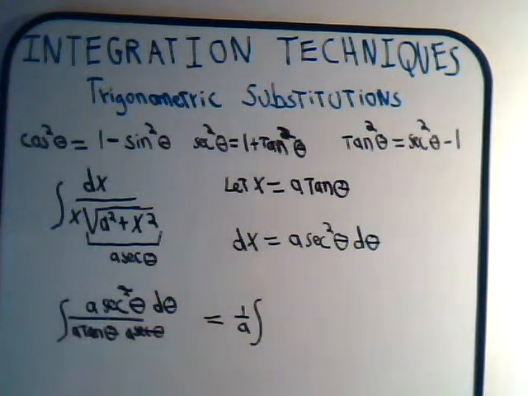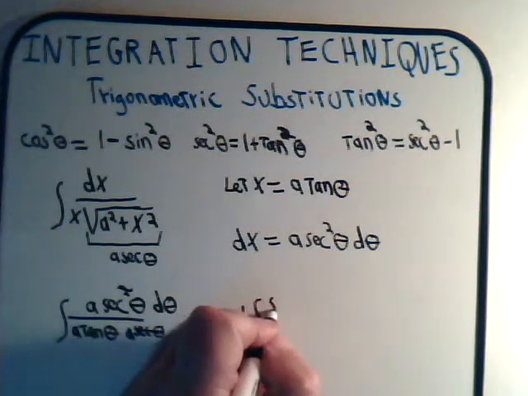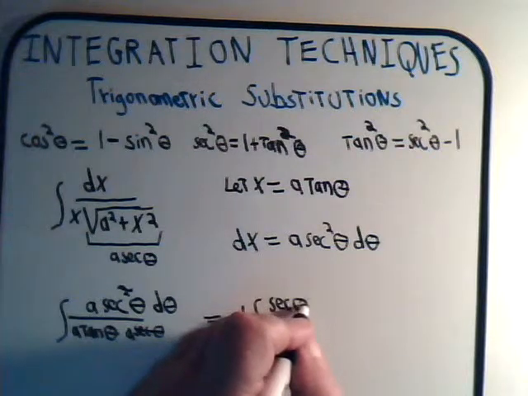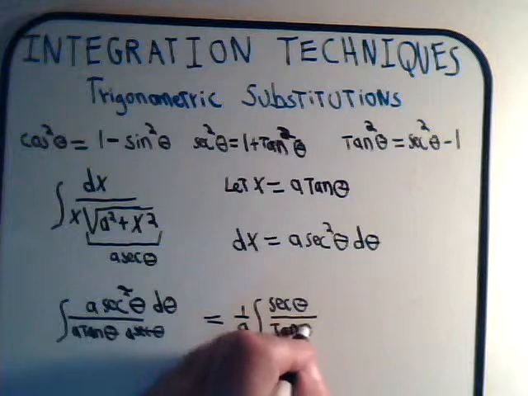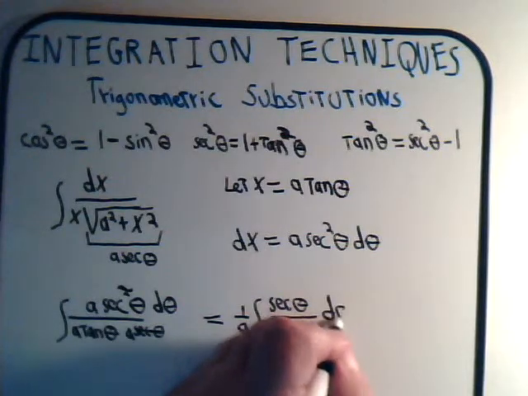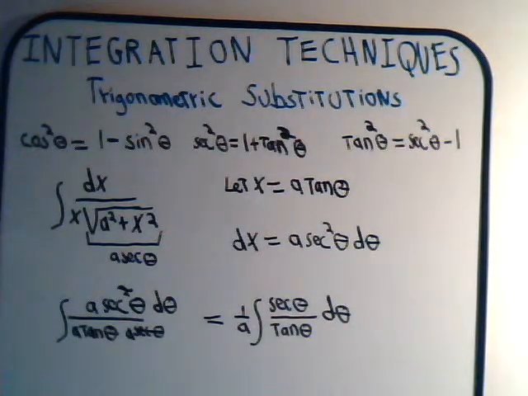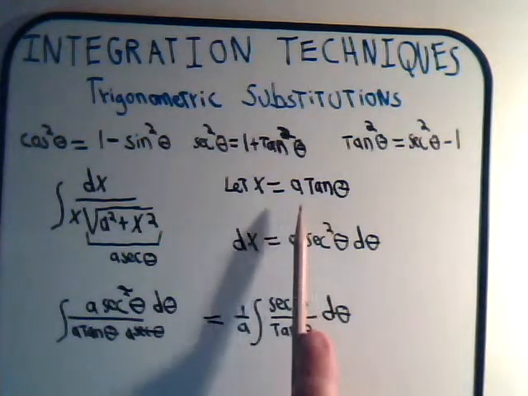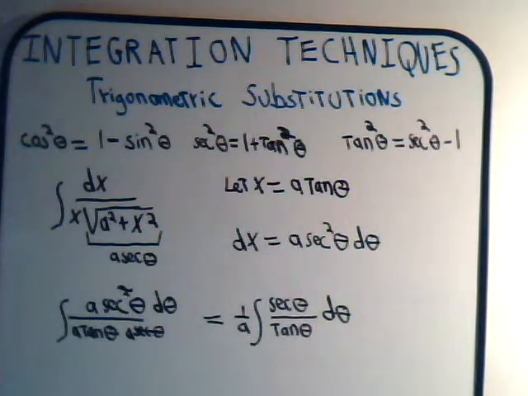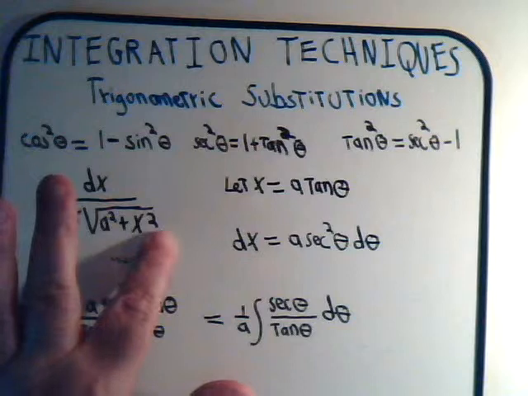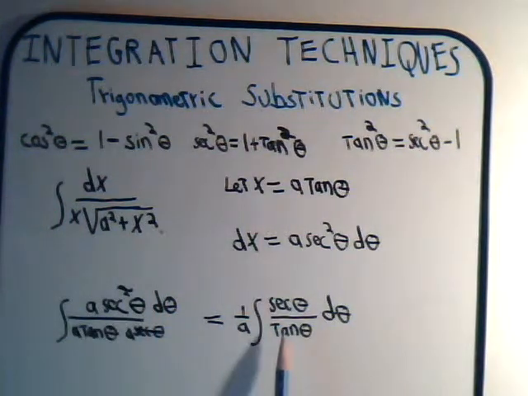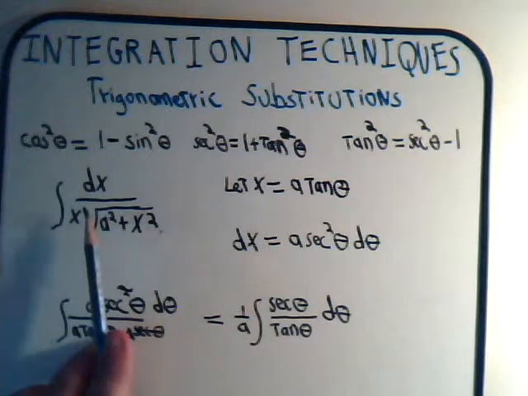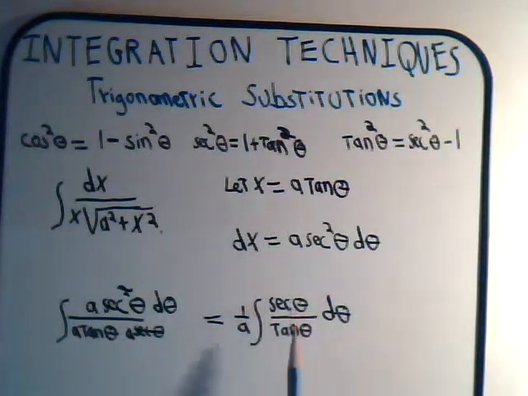These are going to cancel, so it looks like we have the secant of theta divided by the tangent of theta d theta. So when we use this substitution, this integral here is now this integral. So instead of having to solve this integration problem, we have to solve this integration problem.